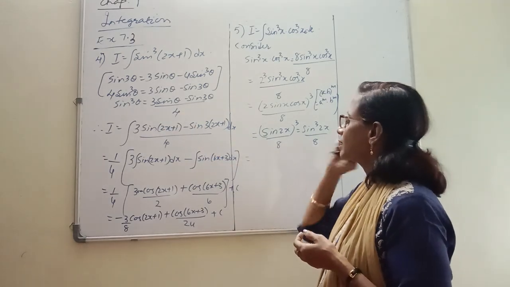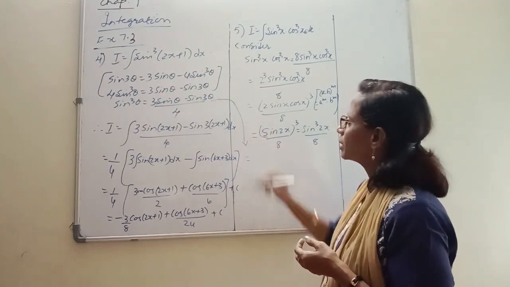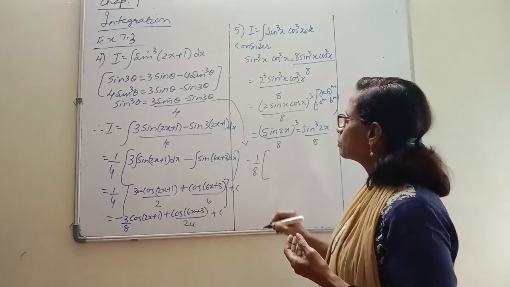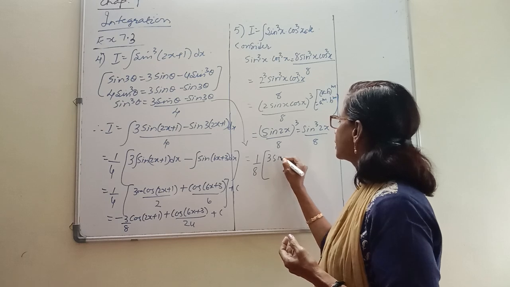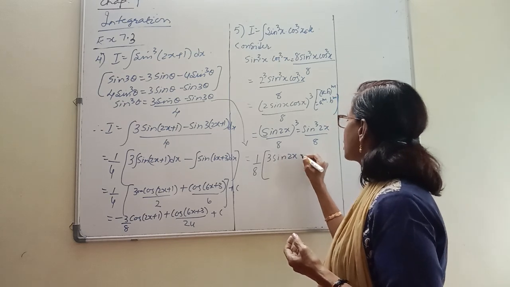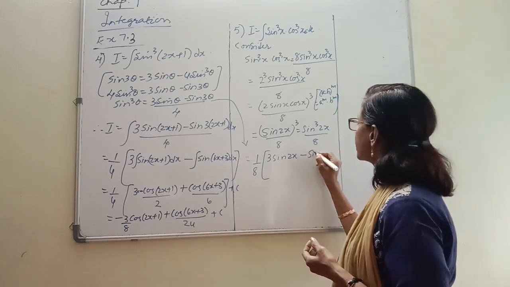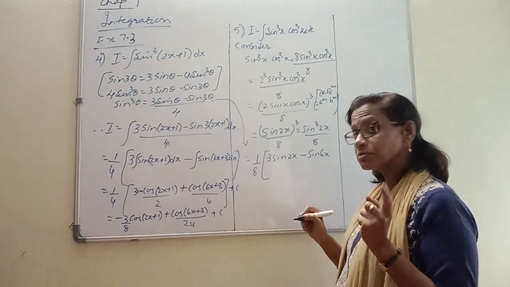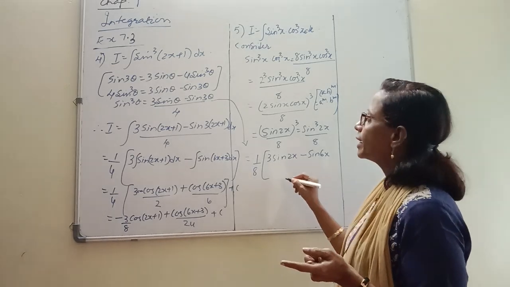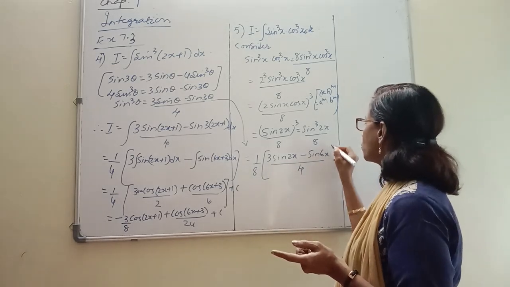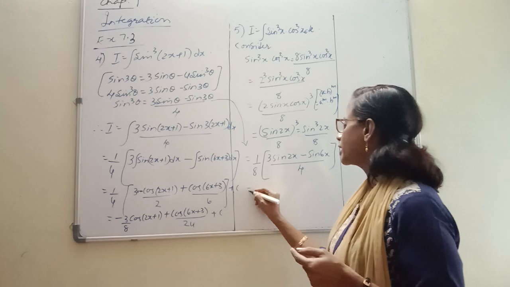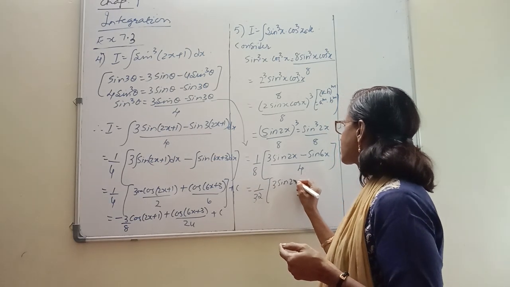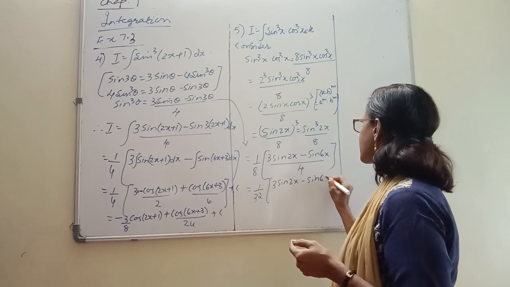Let's write the 1 over 8 outside, and sine cube of anything is (3 sine theta minus sine 3 theta) over 4. That means 3 sine 2x minus sine 3 times 2x, which is 6x, all over 4. So when we simplify, it is 1 over 32 times (3 sine 2x minus sine 6x).